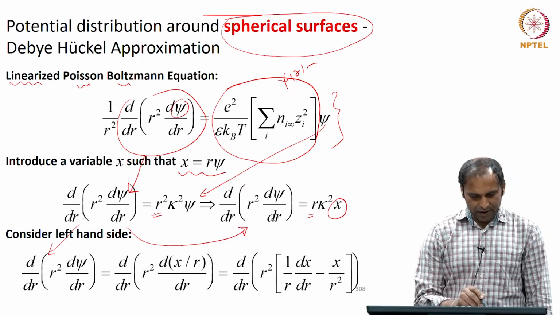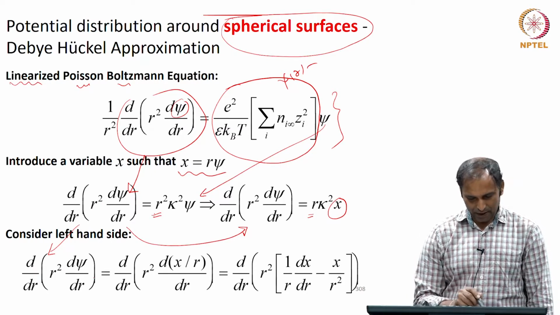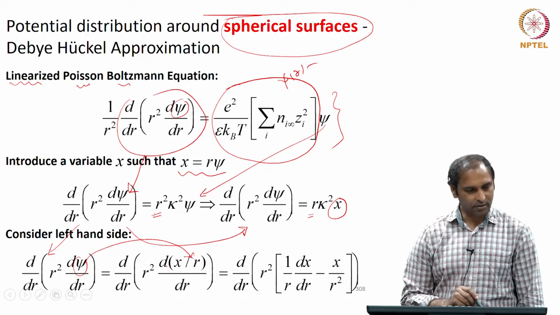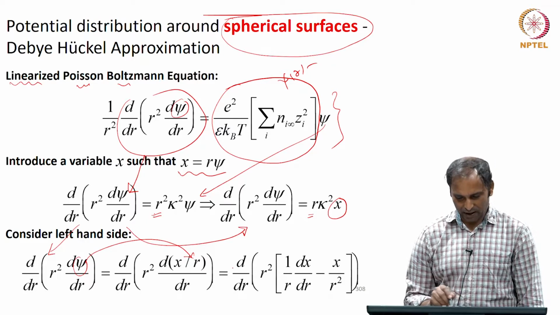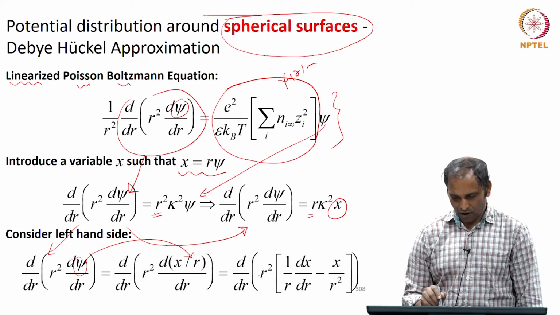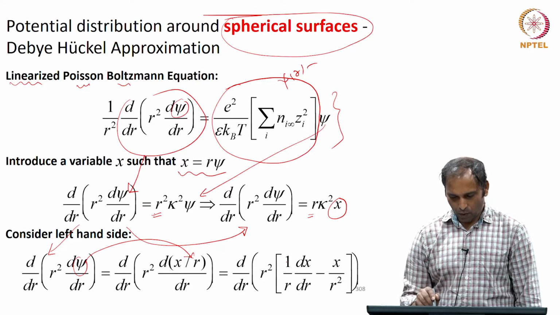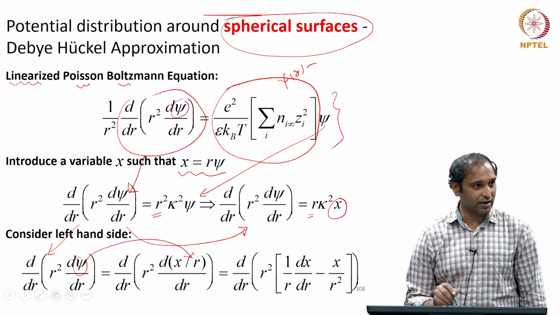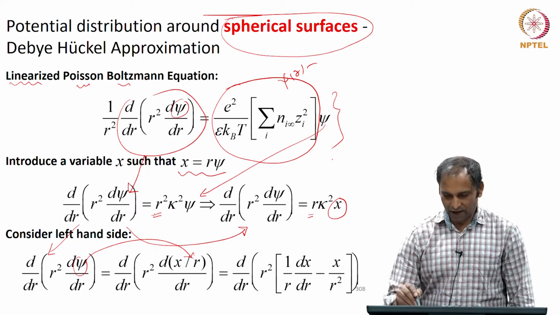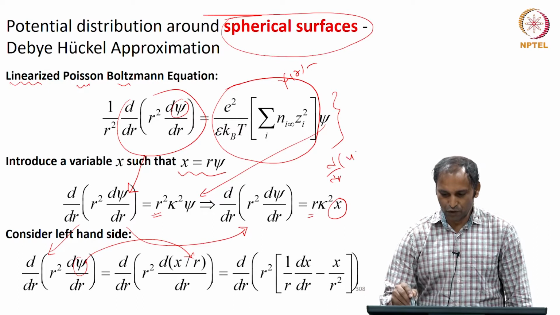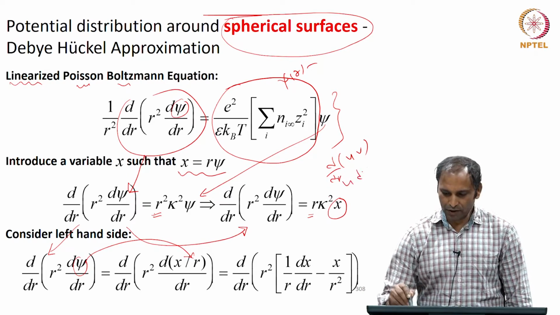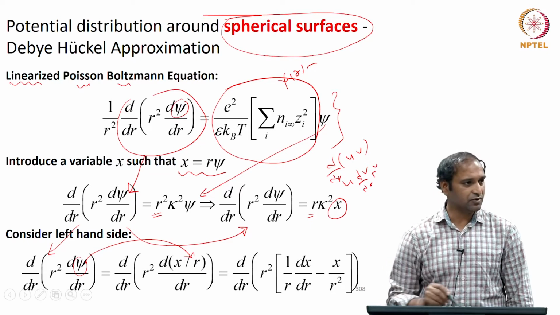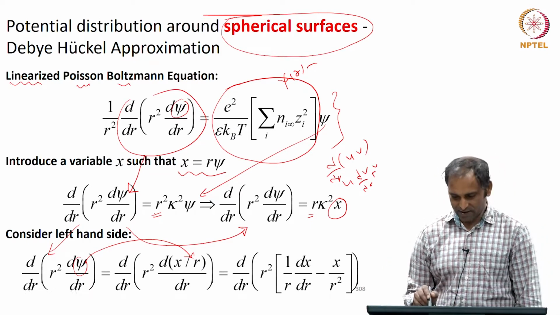This term, d by dr of r square d psi by dr, I can actually write as d by dr of r square, and instead of psi I can replace it with x by r. Therefore, this becomes d by dr of r square into 1 divided by r into dx by dr. If you have d by dr of uv, it is u into dv by dr plus v into du by dr, so you are going to use the product rule.